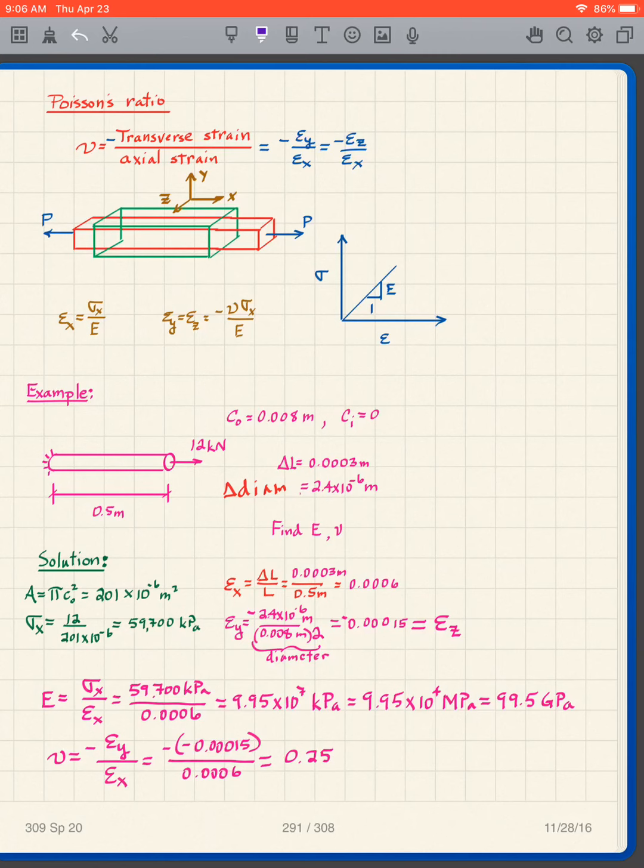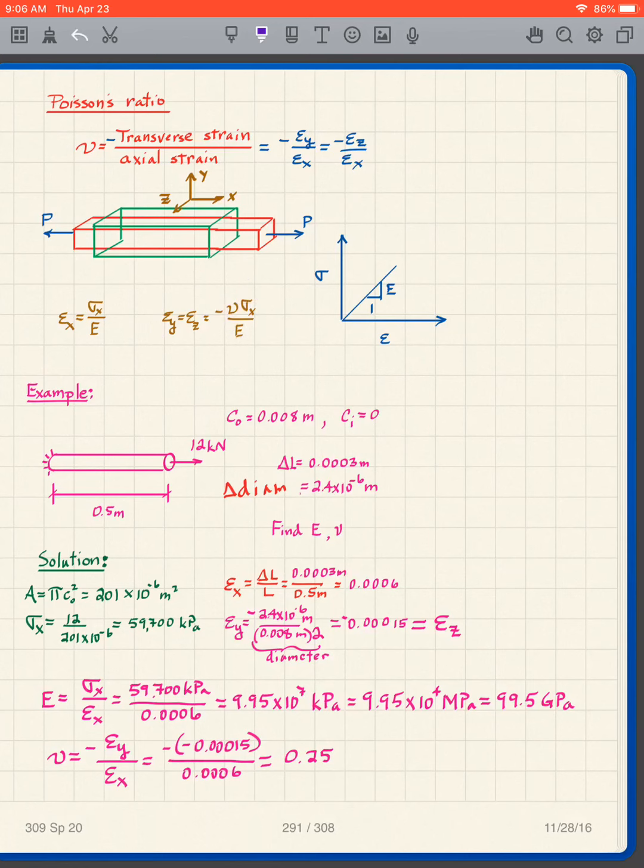Remember, if everything's linear elastic, we have epsilon x is sigma x over the Young's modulus. Epsilon y and epsilon z are negative Poisson's ratio times sigma x over E.